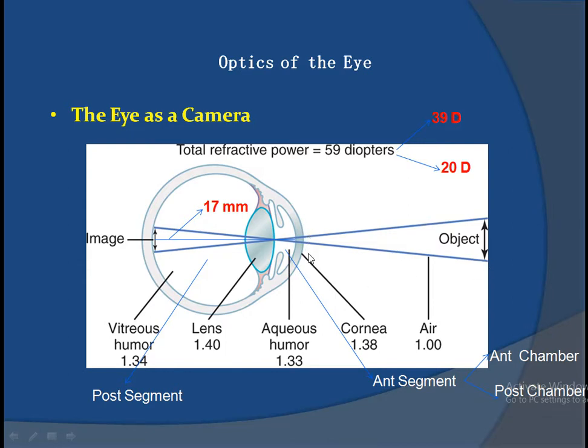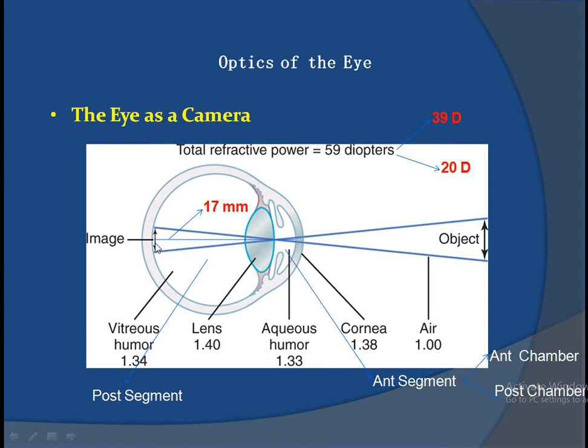Regarding the refractive power, we divide the cornea into two layers, anterior and posterior. So the first structure is the anterior layer of the cornea, and then we have the posterior layer. Light rays go through this surface, then comes the anterior surface of the lens, then the posterior surface of the lens, and finally the retina.